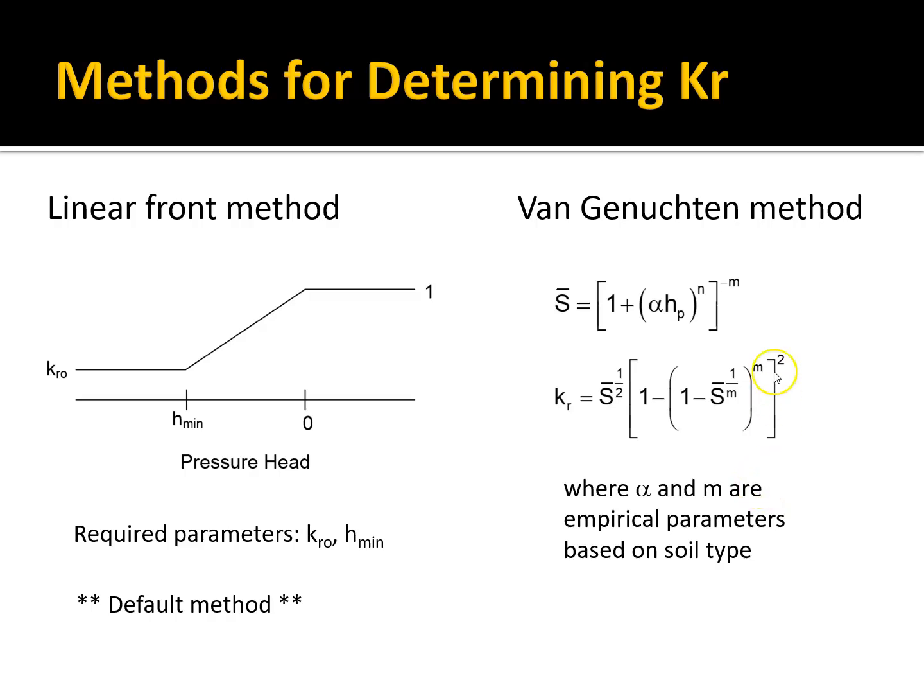And it has these equations that are defined by these parameters alpha and m. It's kind of an empirical relationship. It defines a nonlinear relationship between the pressure head, ultimately, h sub p right here, and the relative hydraulic conductivity.